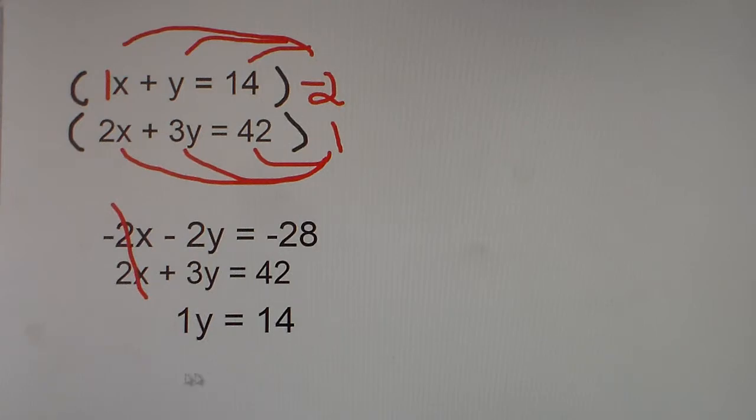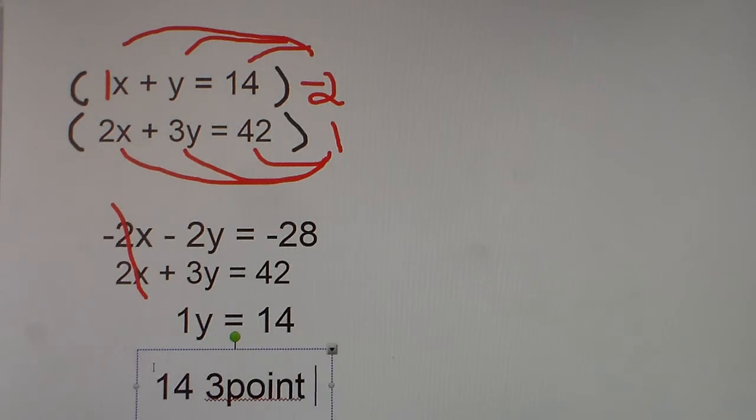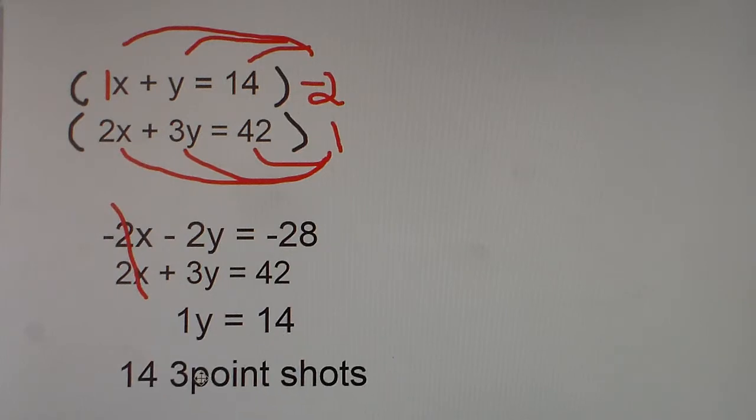So 1y equals 14. What that means is we have y's representing the 3-pointers. So Kevin made 14 3-point shots. That's what that means.